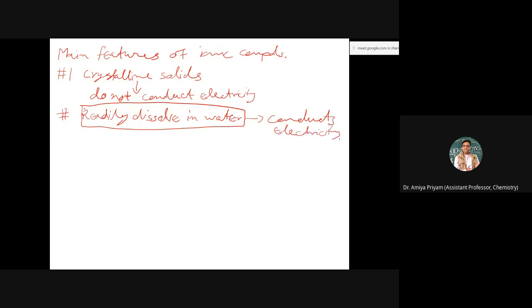So do you understand this? What is this dissolution, Na plus Cl minus dissolving in water? Why does it readily dissolve in water? Can you visualize this? What is happening? If you have a more polar solvent, it will be easy to dissolve. So what is the effect here?